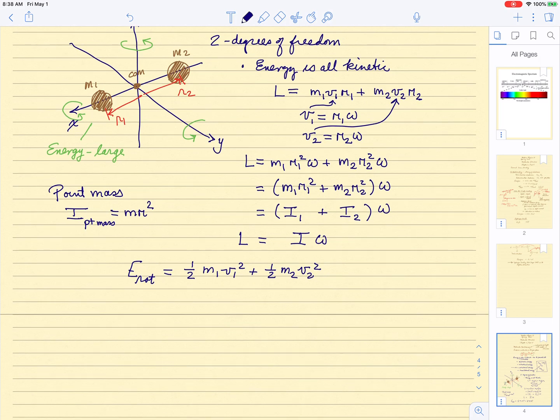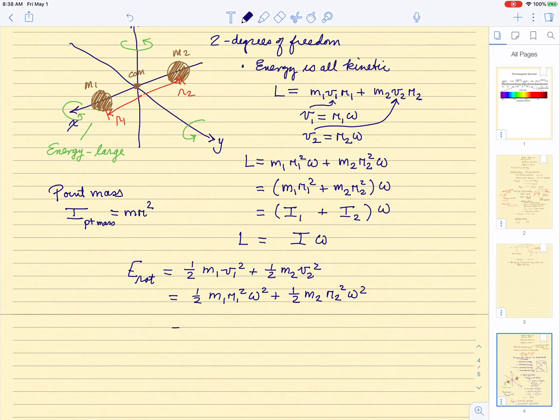Substituting in for v1 and v2, this is 1/2 m1 r1 squared omega squared plus 1/2 m2 r2 squared omega squared.